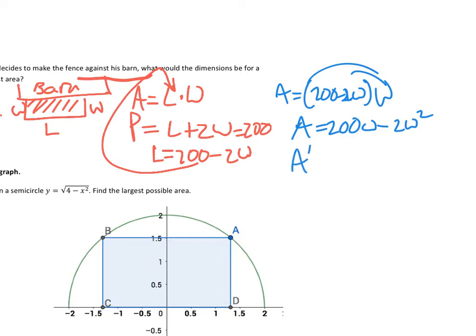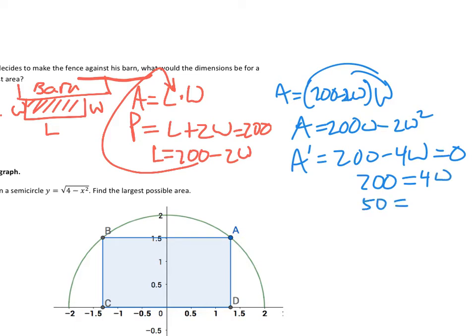Okay, now we need to optimize that. So let's make a derivative. That's going to be 200 minus 4W. And let's set that equal to 0. And so if we add 4W to both sides, 200 equals 4W. And so we get 50 equals W. Now, that sounds like the same answer.